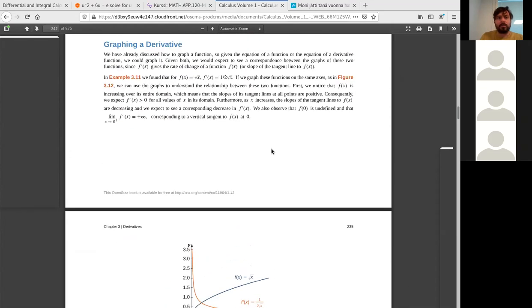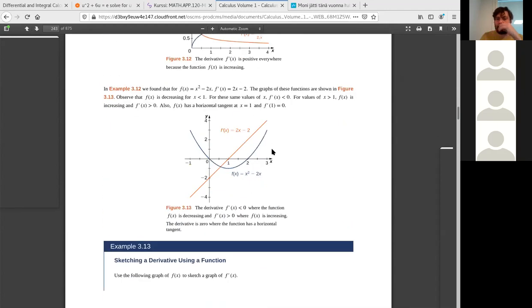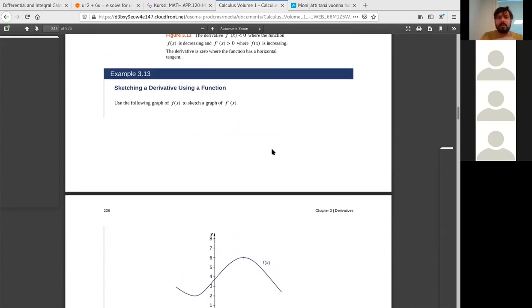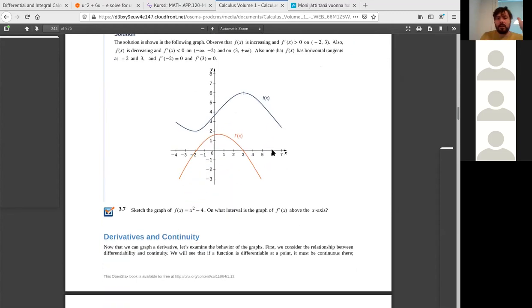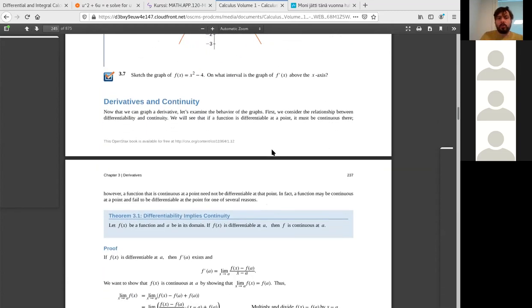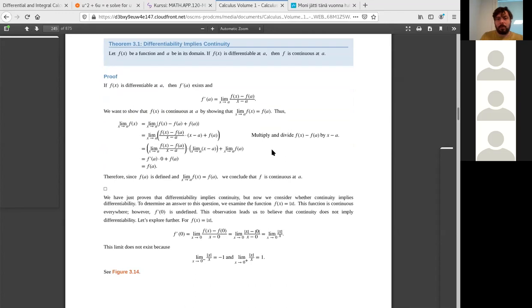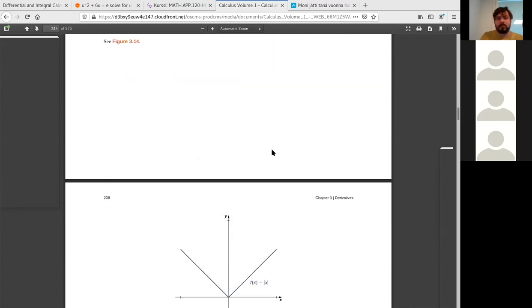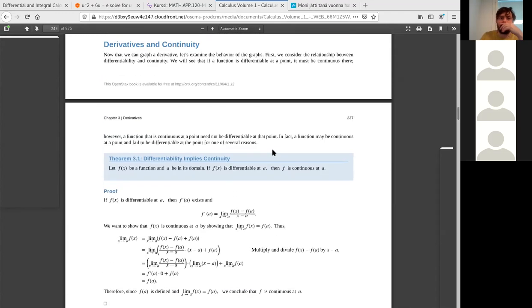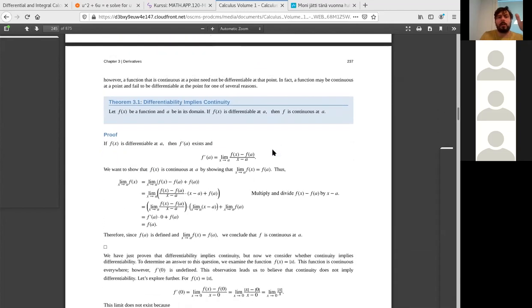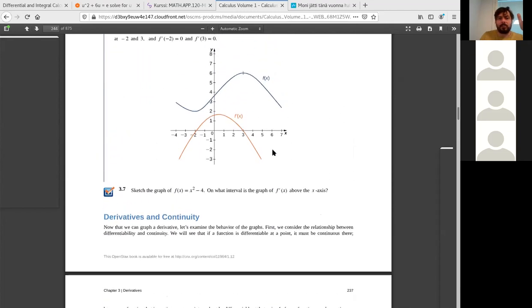I'm not going to go to this graphing the derivatives thing, because that's ridiculous. We know how you would do that, but we are probably better off when we have certain rules to do that. But before we go there, let's go through derivative and continuity.